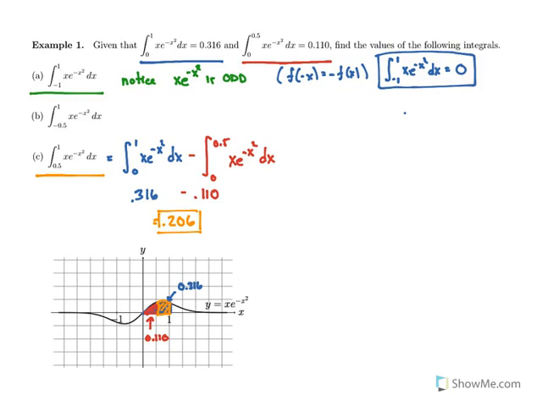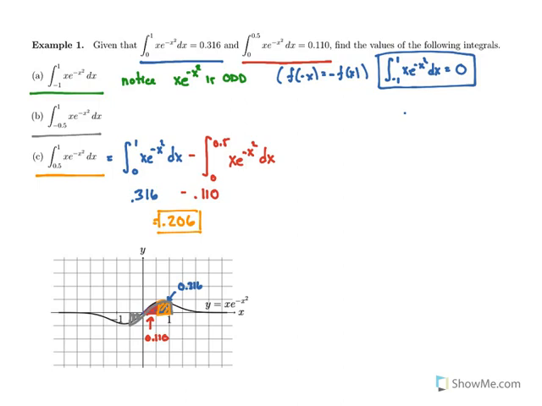And finally, we can now deal with the integral from -0.5 to 1. In the picture, we are dealing with -0.5 to 1. The area in blue, that 0 to 1, plus this little bit from -0.5 to 0.